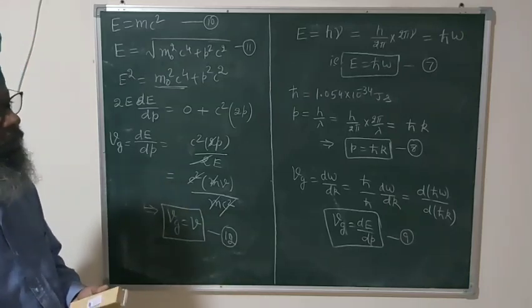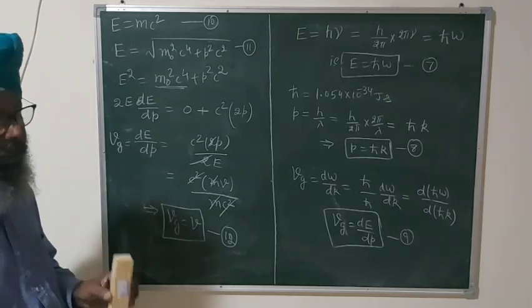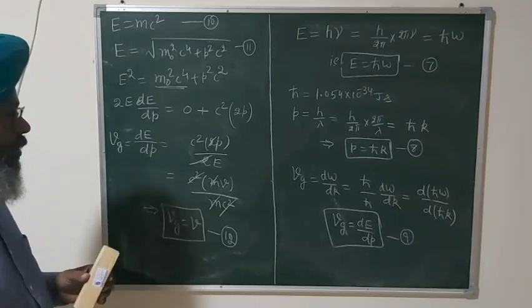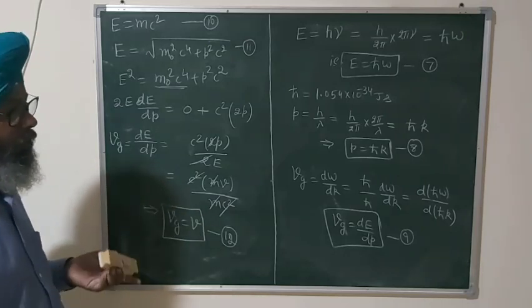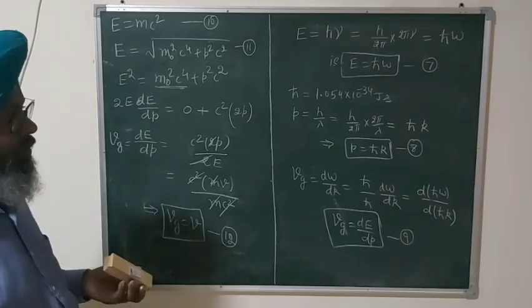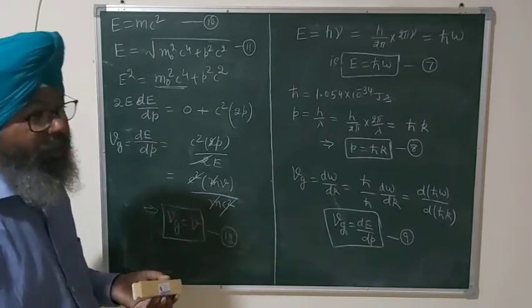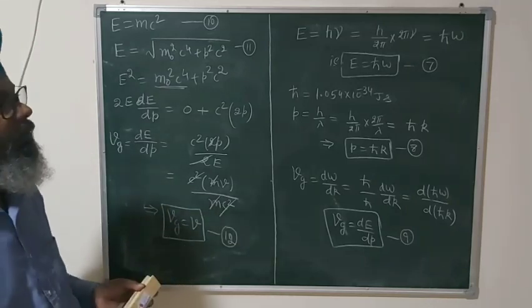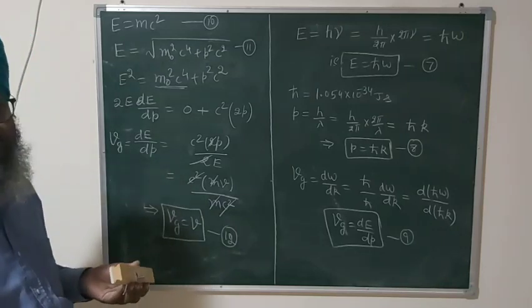Out of phase means the phase difference between them should not be 0 degree. So different waves which are superimposing with each other to form the wave packet must have different phase, different frequency, different wavelength, and may or may not have the same amplitude. Their amplitudes can also be different.